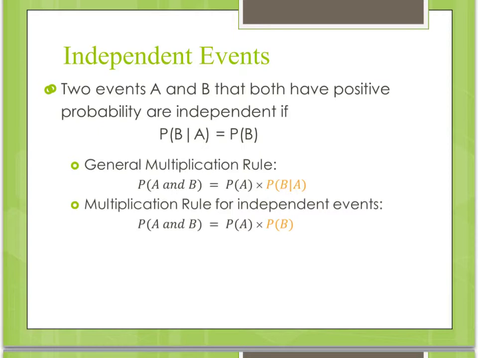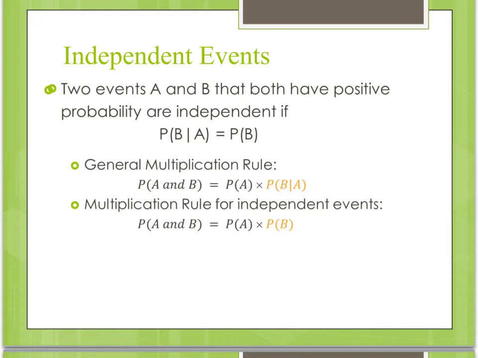Now, two events A and B that both have positive, non-zero probability are independent if the conditional probability of B given A is the same as the probability of B. In other words, the condition of A happening has no effect whatsoever on the probability of B happening. That makes sense if we go back to our definition of independent events, that one does not depend on the other.